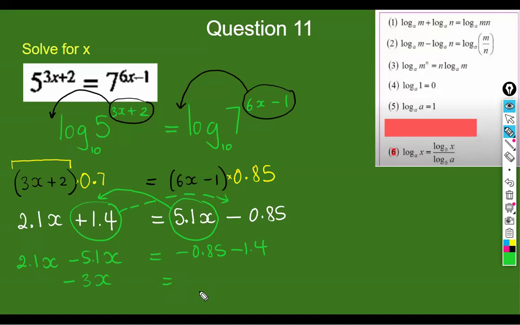I double check my working, I can always make mistakes. Not seeing any mistakes so far. On this side, I'm getting minus 2.25. This minus 3 is a multiply, right? Just double checking. All right, I just continue my work in here.